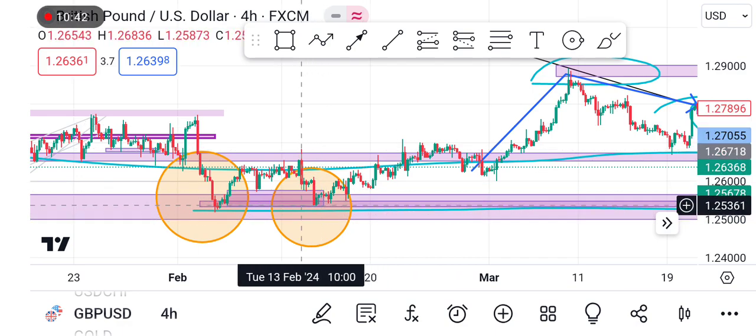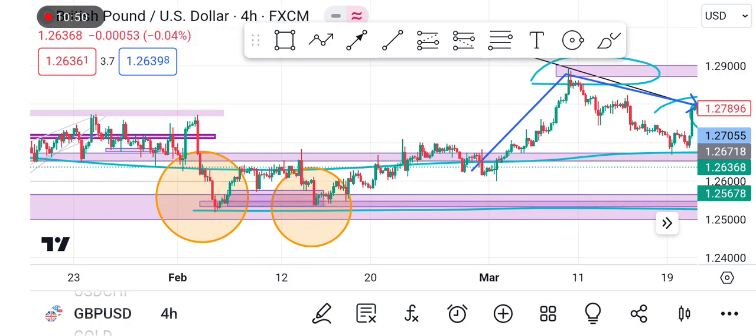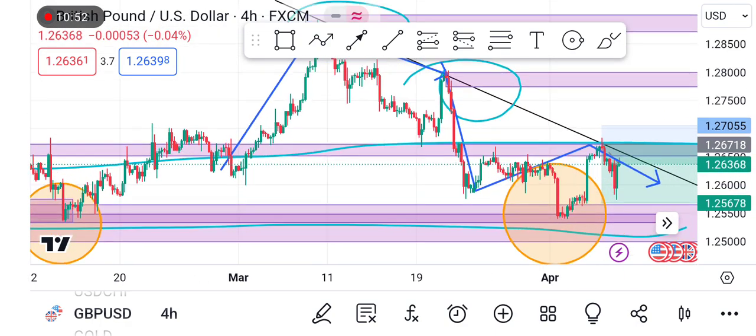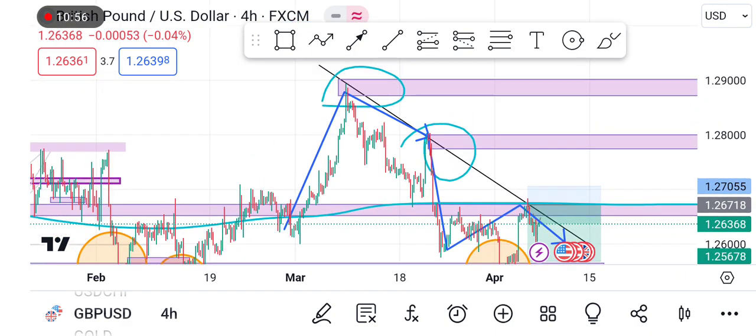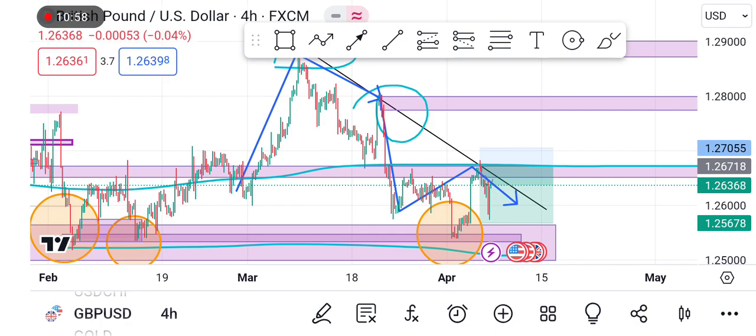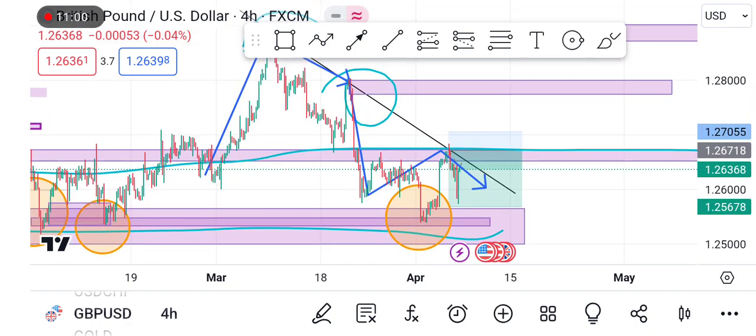You can confirm that bearish candlestick because price tapped into that point, they made a massive buy, creating this particular pattern. So with this, on Monday we are expecting a sell on GBPUSD.